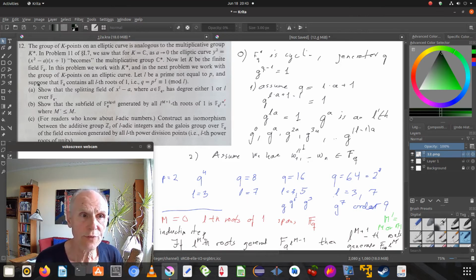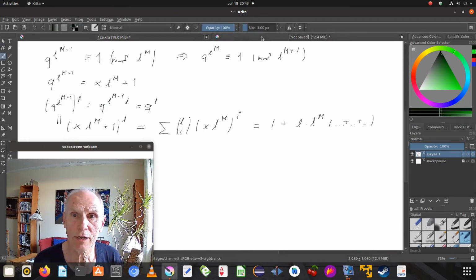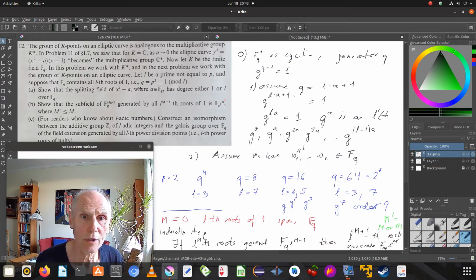And the splitting field, now we use part A, the splitting field of x to what? This is only for a prime, and I need it for a prime power.